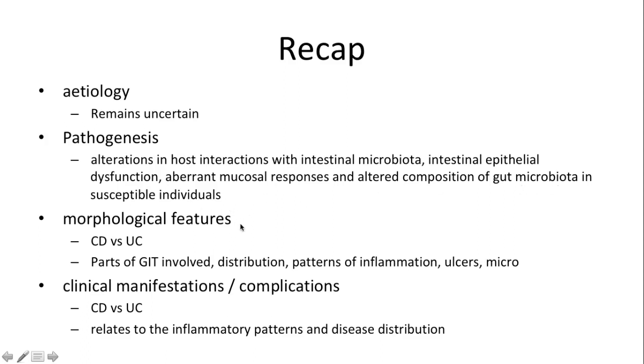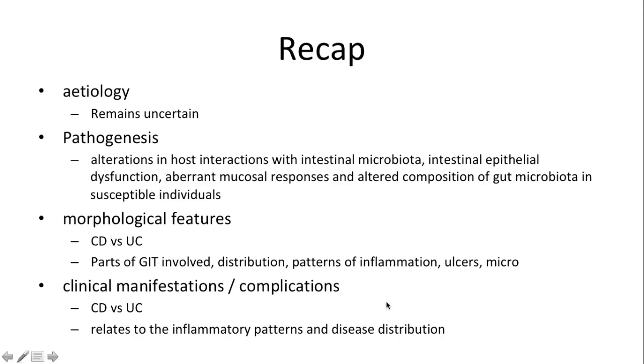We discussed the differences between the morphological features of Crohn's disease and ulcerative colitis in terms of the parts of the GI tract involved, the distribution and patterns of inflammation, the characteristics of the ulcers, and also the microscopic features.